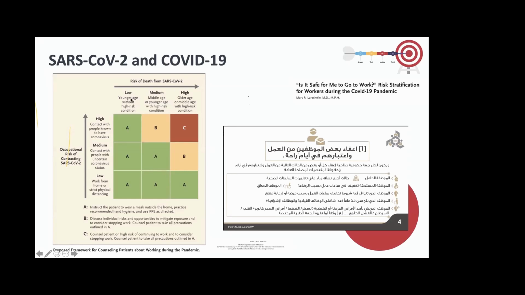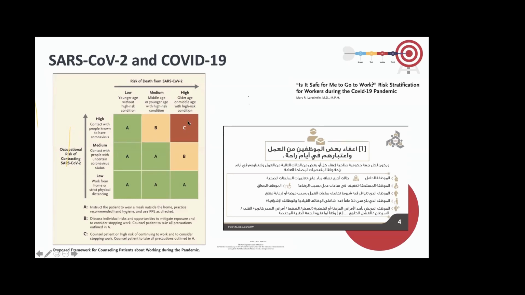And then you plot yourself on the risk of death or complication. So a younger age group, less than 55, with no risk factor, no diabetes, no hypertension, chronic lung diseases, obesity, to medium age or younger age with a risk factor, or older, more than 65 with a risk factor, and you stratify.